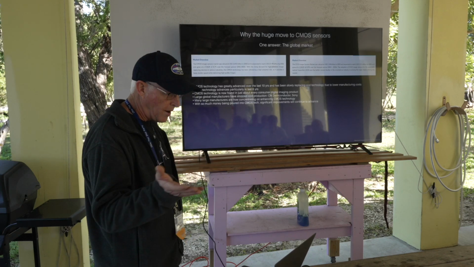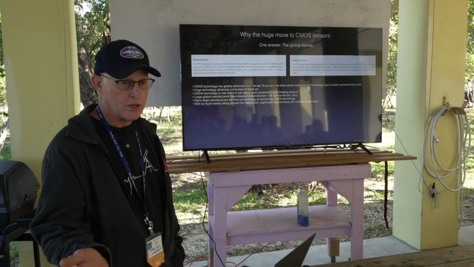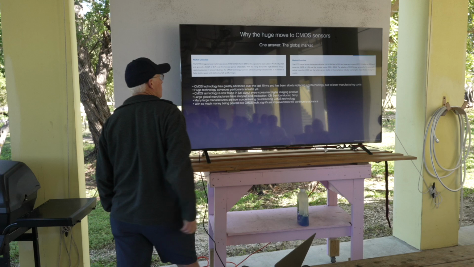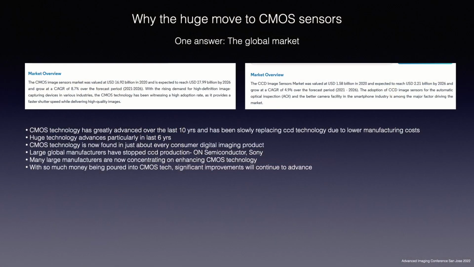So why do we have this huge move to these CMOS sensors? Well, it's right here. Money. $27.99 billion is going to be invested by 2026. In the CCD sensor market, $1.58 billion. That's a lot of money that's thrown into CMOS, and we benefited from that because of these huge advances in how they operate.